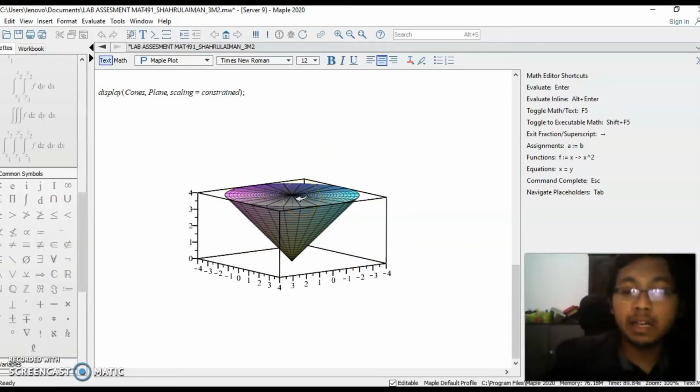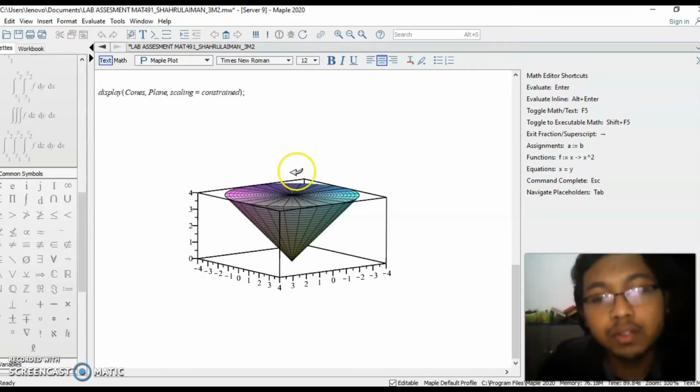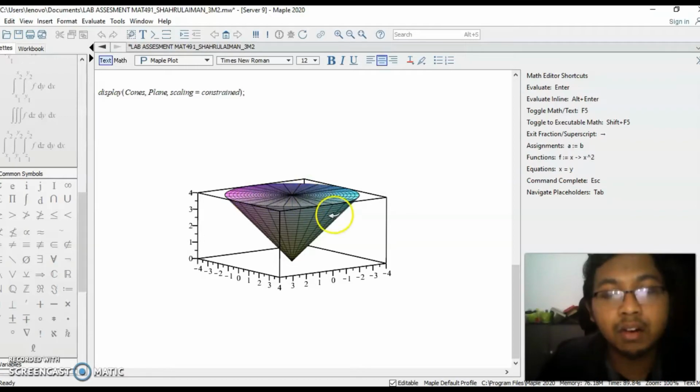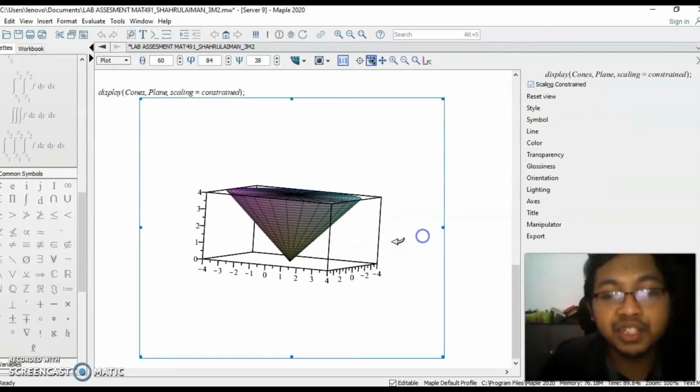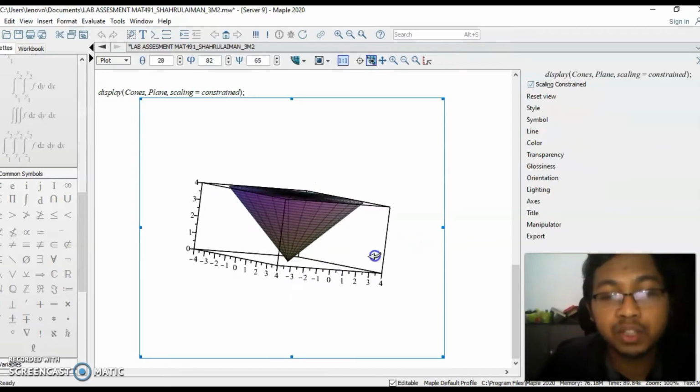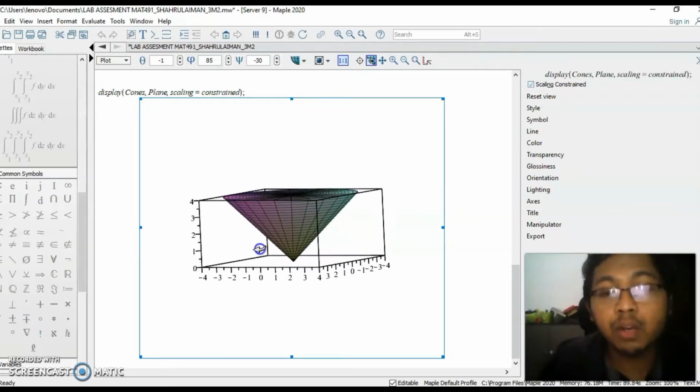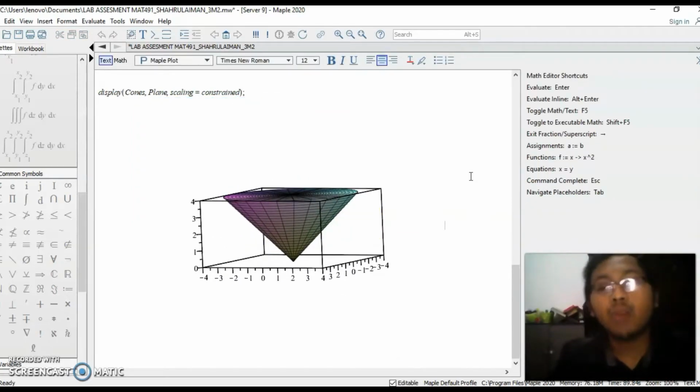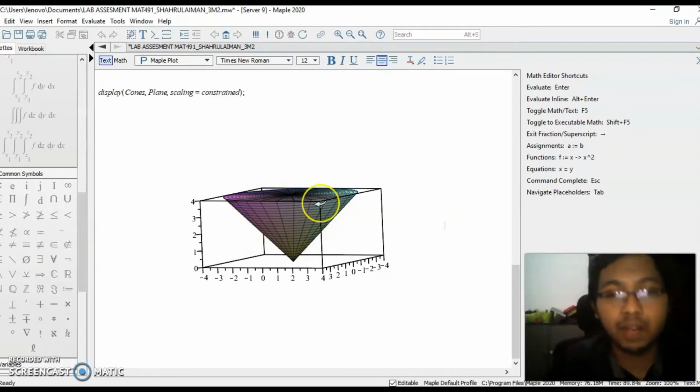For the first graph, the cone was open upwards, but now it is closed by the plane z equal to 4. So this is the shape for this question. Now I will pass to my partner Aiman to explain more about the information that we can obtain from this cone solid. Thank you.